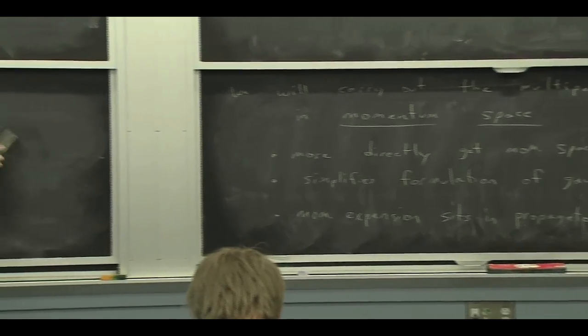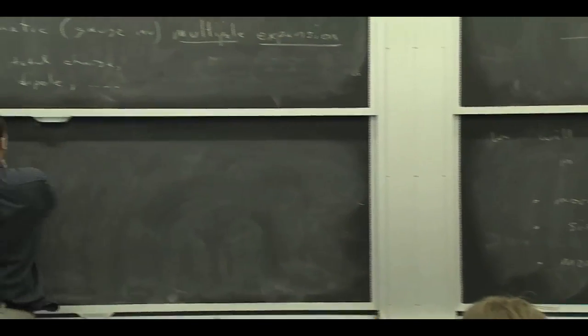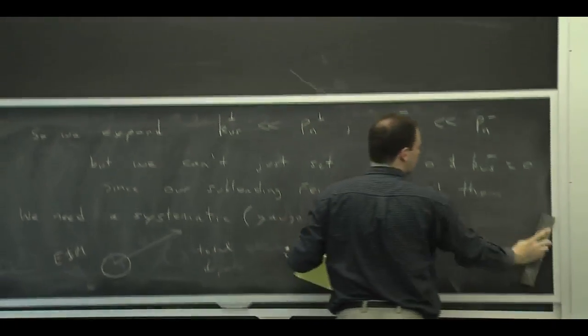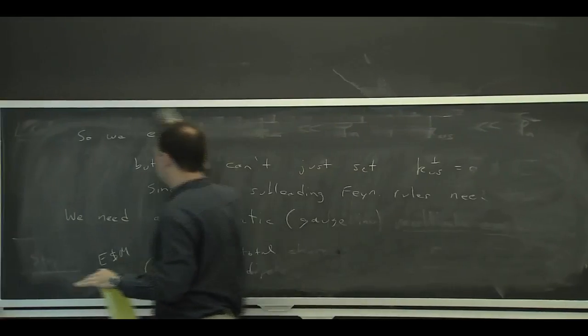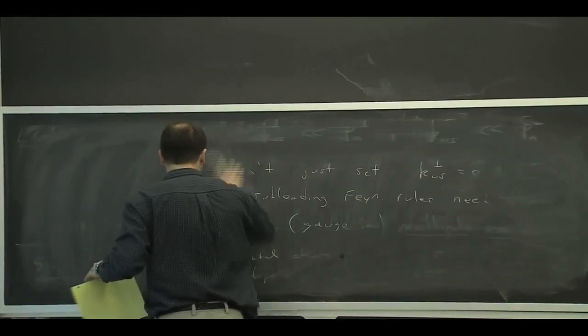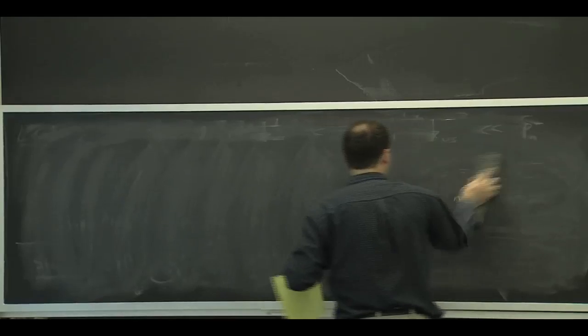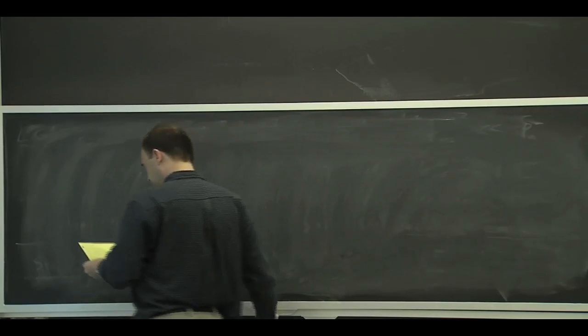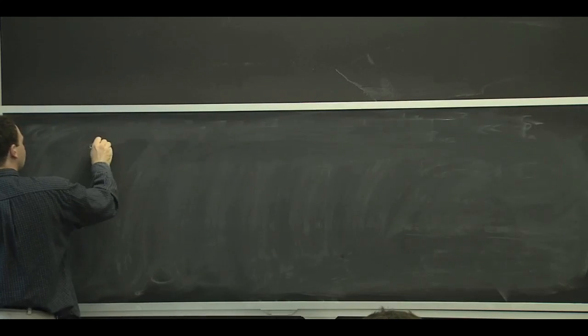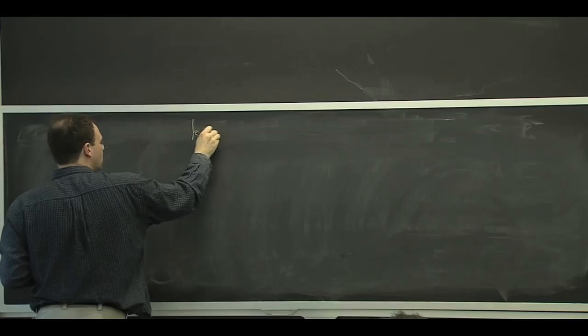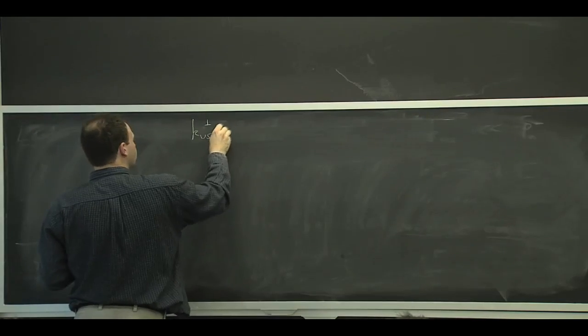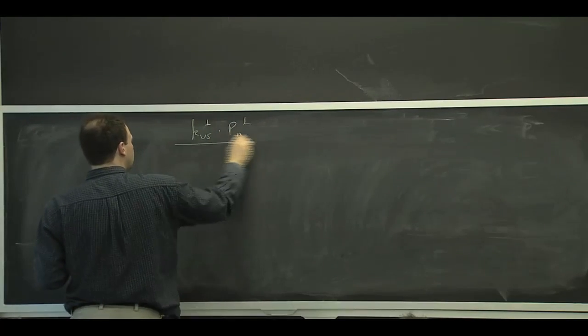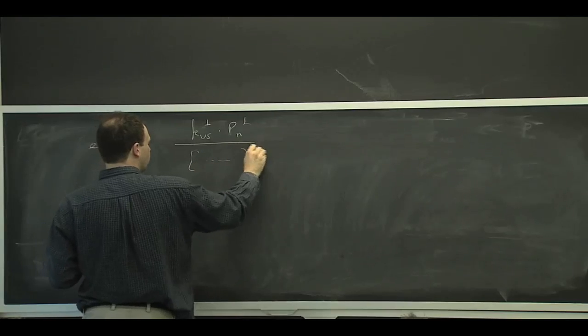So this term that we saw before that looked like a propagator squared, where we were sitting in momentum space, we expanded the propagator to second order. So we had this term that was k ultrasoft perp dot pn perp, and then it had this denominator that was squared.